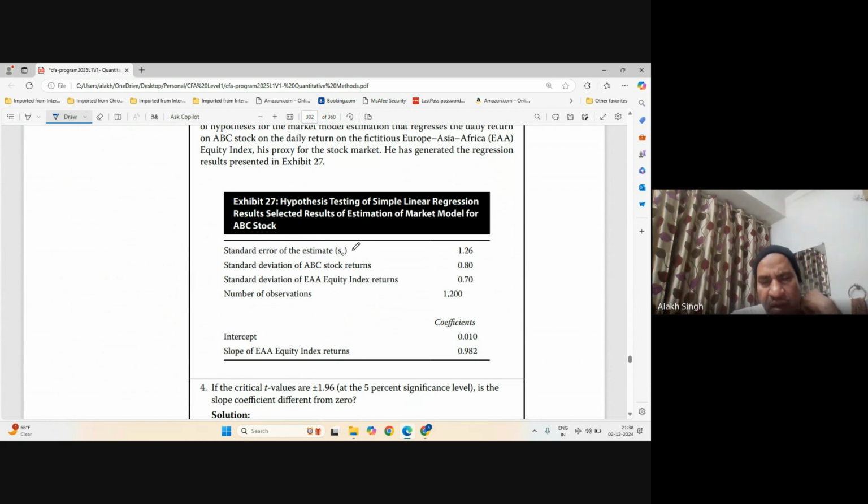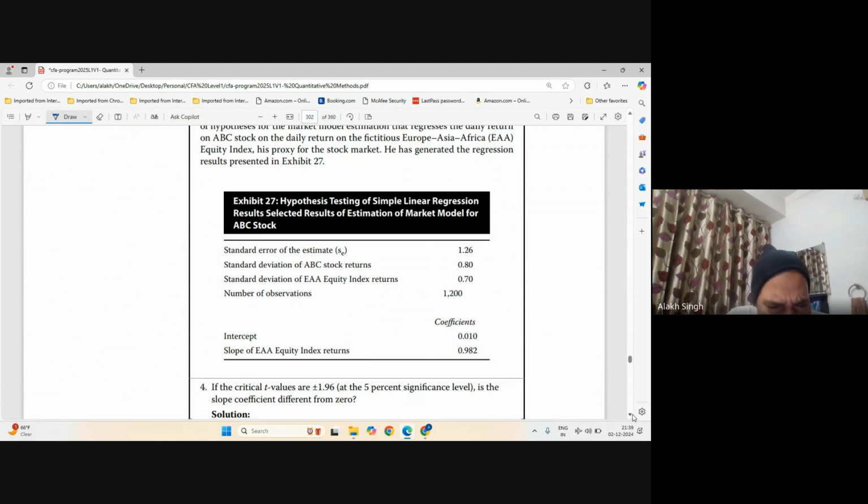Not very clear. 0.982 looks significantly different from zero, but how to calculate t? t will be this minus 0 divided by SE beta 1. It is already a standard error of estimate, but it is different from a standard error of beta.